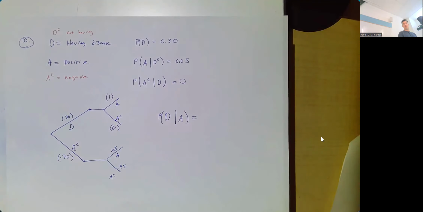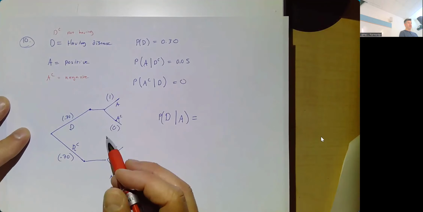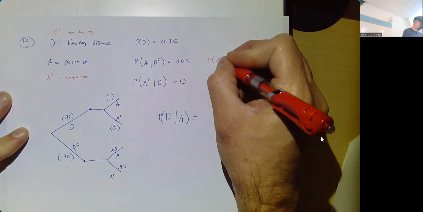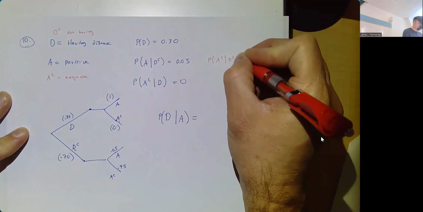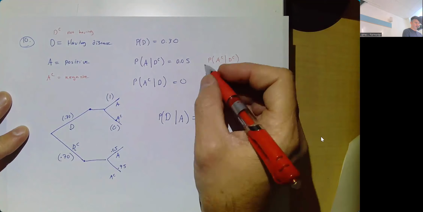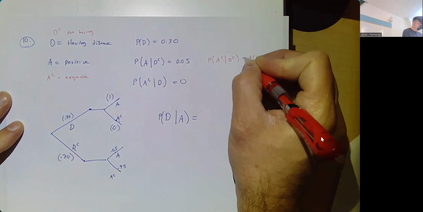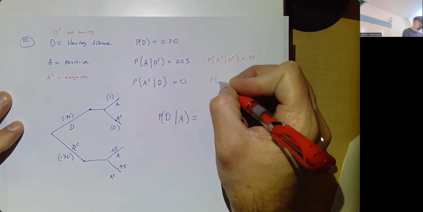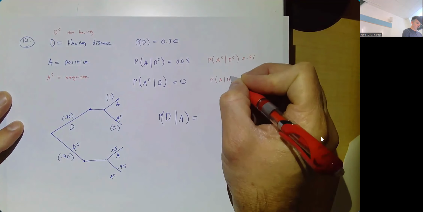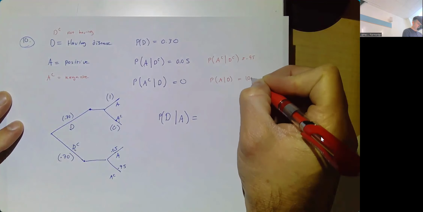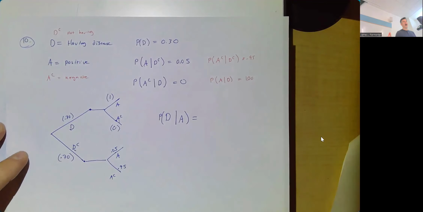Note, I found some probabilities I didn't write down. We also found that the probability of testing negative given that you don't have the disease is 95%. And we found the probability of testing positive given that you have the disease is 100%, 1.00.